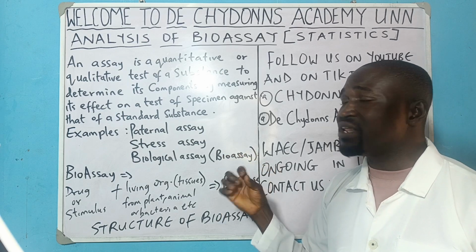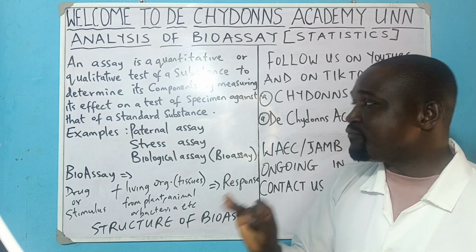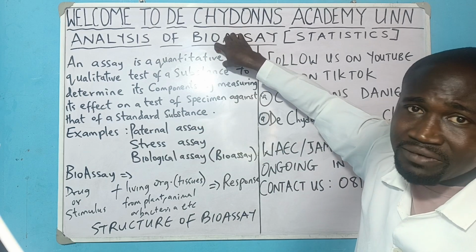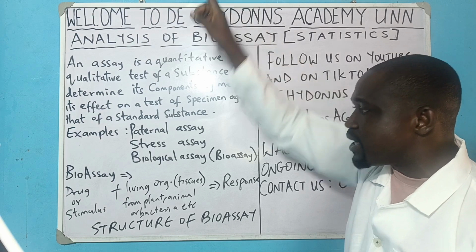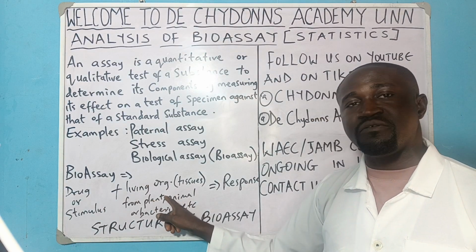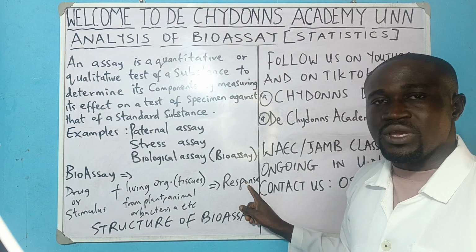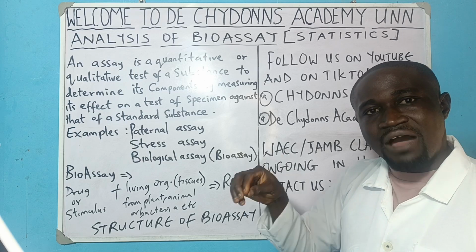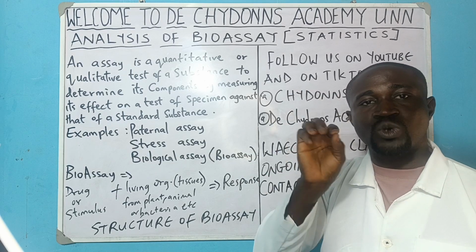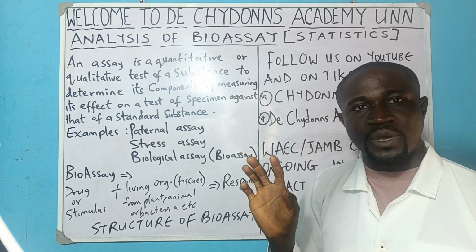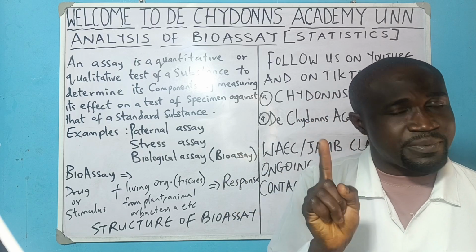If you do not have the necessary equipment, you will not be able to get the quantitative aspect of it. You can't get it by merely giving the drug to that living organism. No, you have to bring the required equipment so as to get all the information needed in terms of the quantitative aspect.